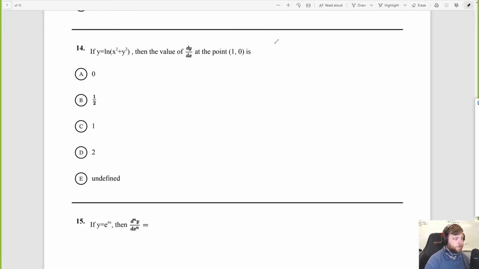This one, okay. Oh, more of this deriving stuff. dy dx equals 1 over x squared plus y squared. And then chain rule the times 2x plus 2y dy dx. Cool. Now, this is where I wouldn't isolate the dy dx again. Look at that, that's so gross.